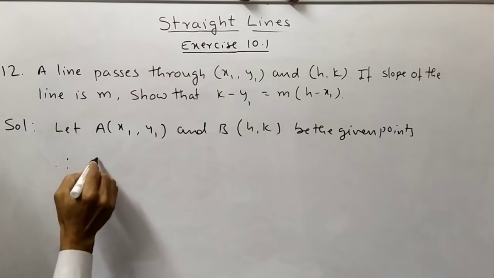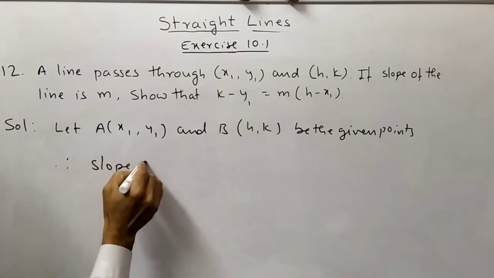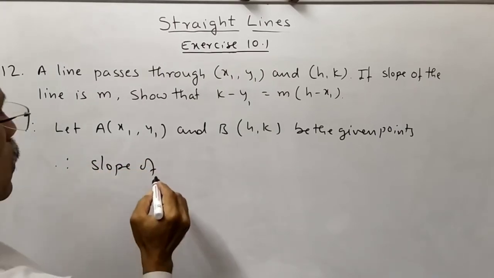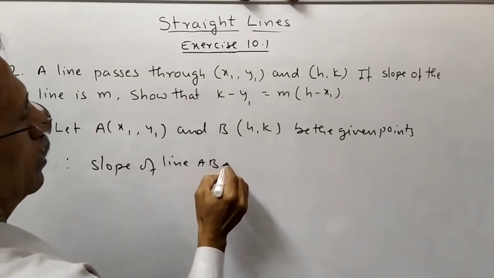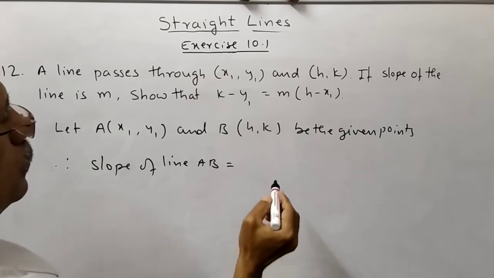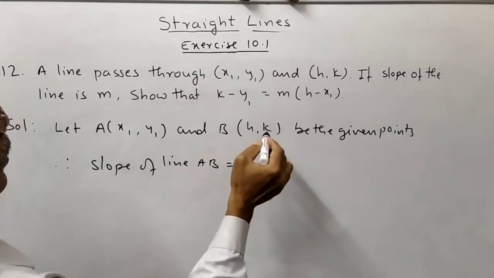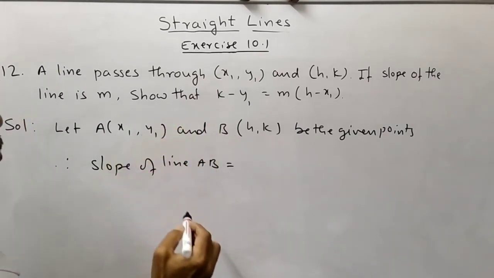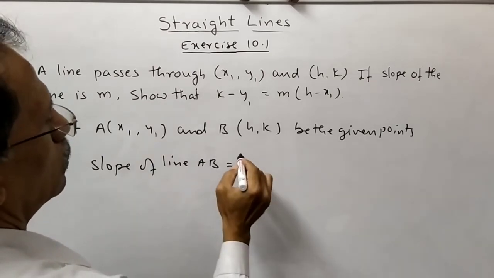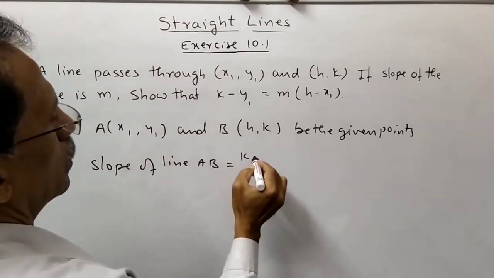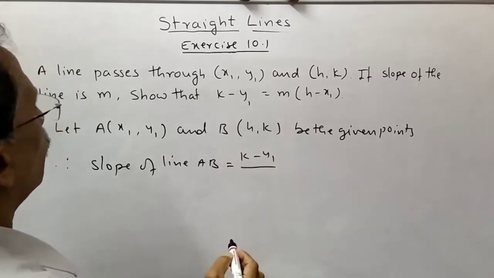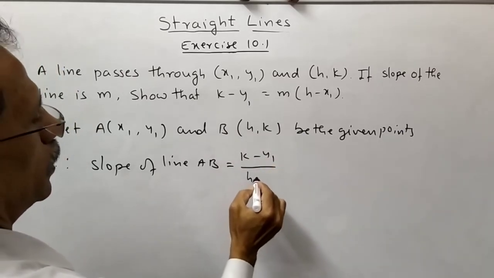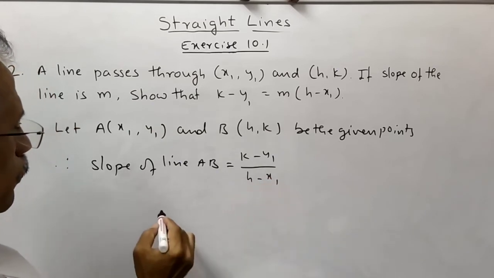Therefore, slope of line AB is equal to, we can use the y2 minus y1 divided by x2 minus x1 formula, that is k minus y1 divided by h minus x1.